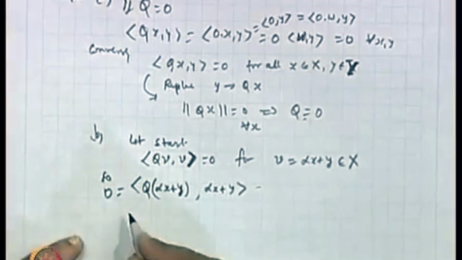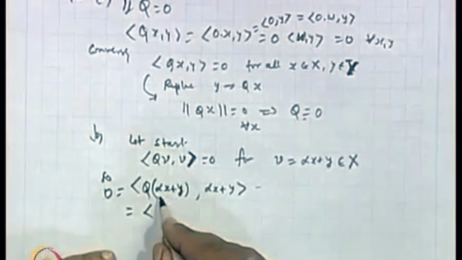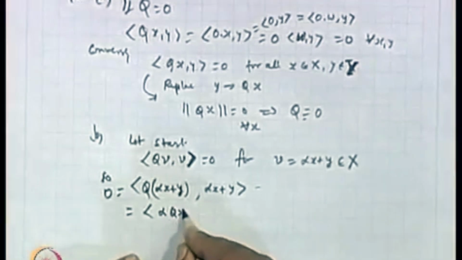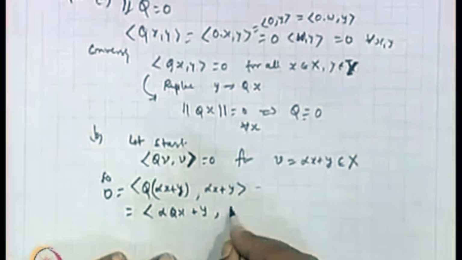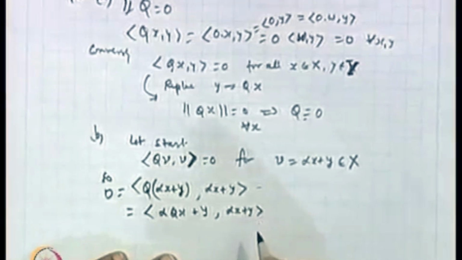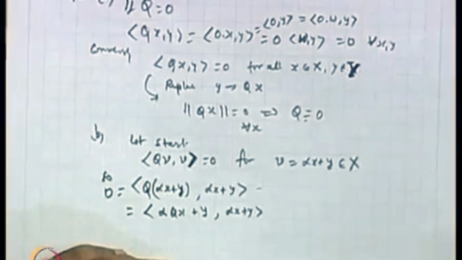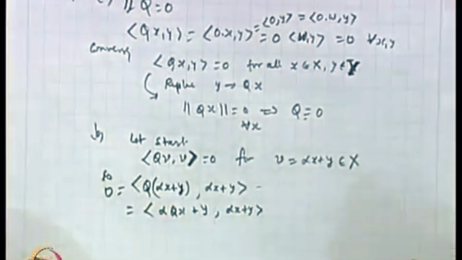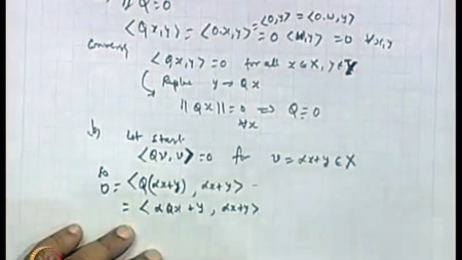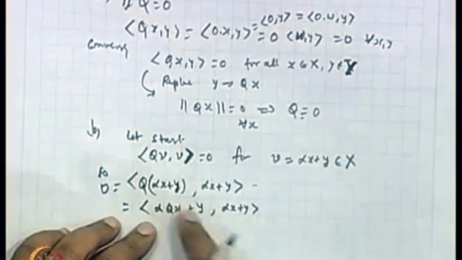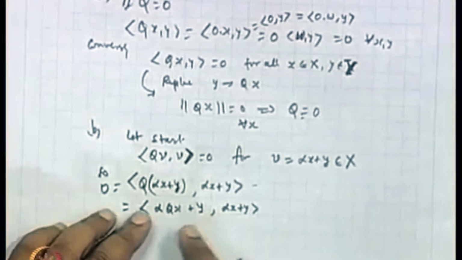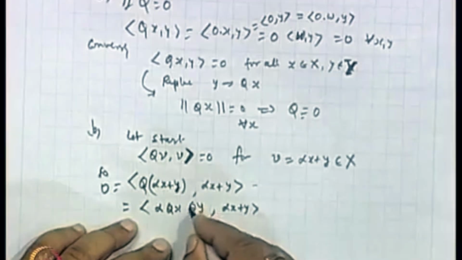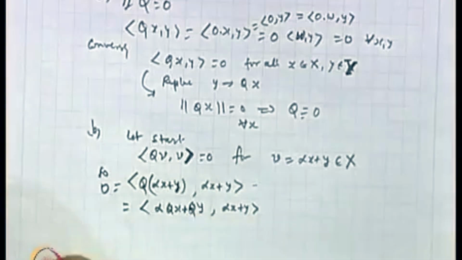And this will be equal to the inner product ⟨αQx + Qy, αx + y⟩, because Q is given to be a linear operator. Q is a linear operator. So this is Qy, yes, exactly.